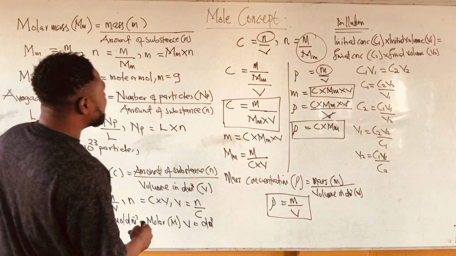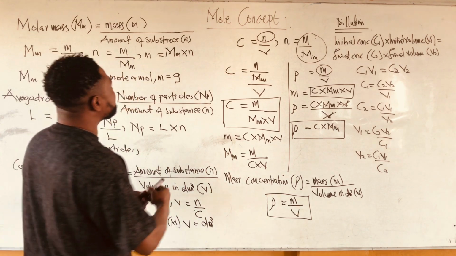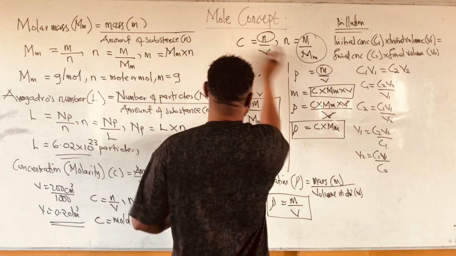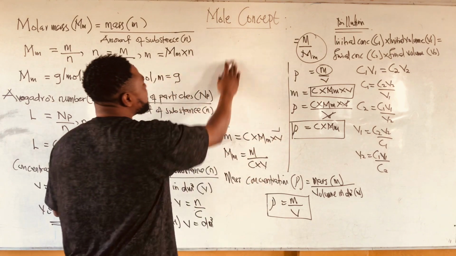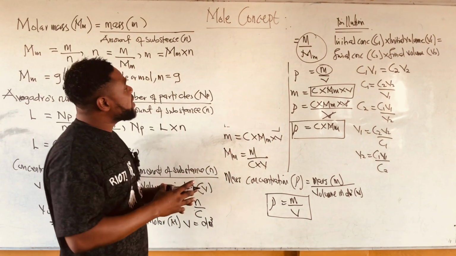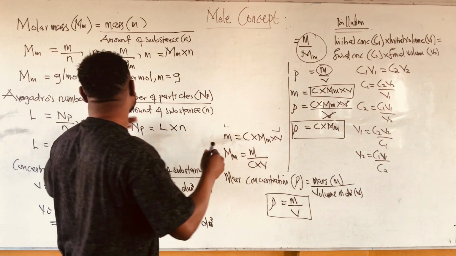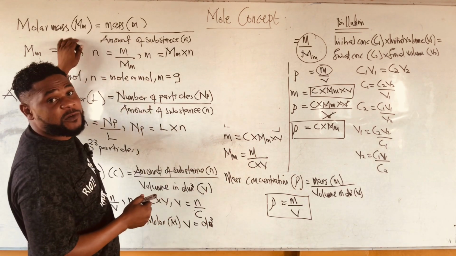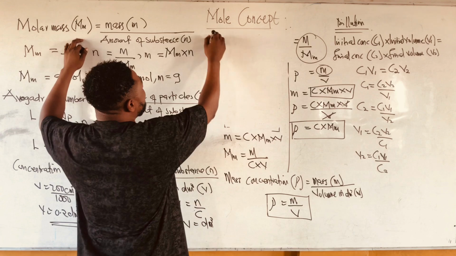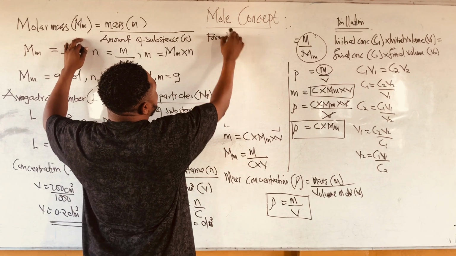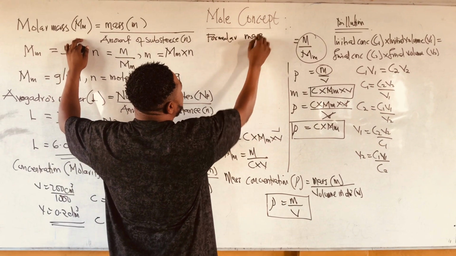Let me get some space here so that I can also explain something about molar mass. Sometimes there will be some questions where we cannot use this formula to calculate molar mass. So we need to use a principle called the formula mass approach.